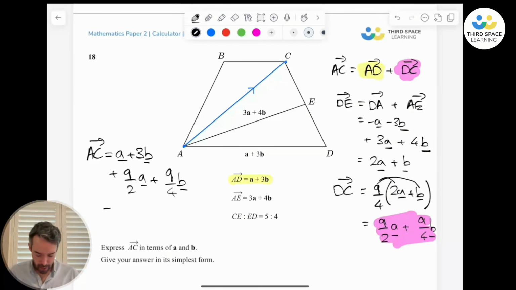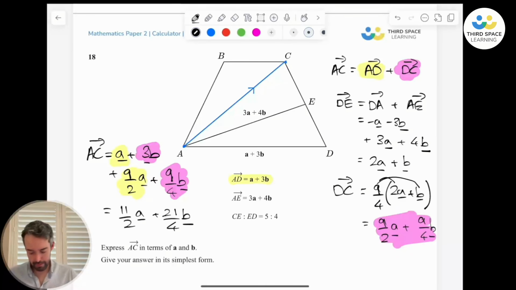So let's bring this together. a plus 9 over 2 a altogether is 11 over 2 a, and 3b plus 9 over 4 b altogether is 21 over 4 b. And there we go. We have correctly worked out the vector A to C.